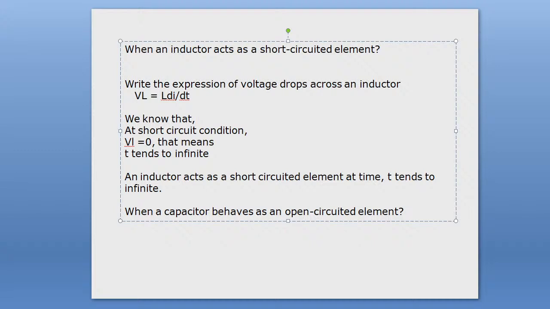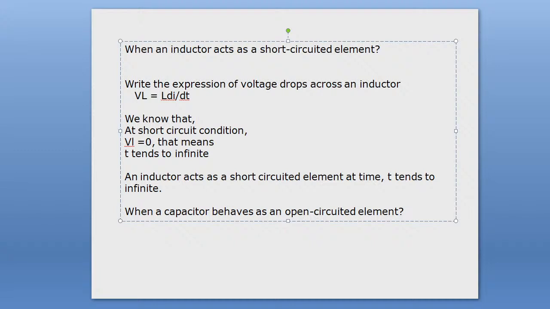Actually, Divyajyoti, you see the expression of voltage drop across an inductor, and everyone knows this expression is the product of inductance value and the rate of change of current. At short circuit condition, the voltage drop across the short circuit path will be equal to 0.